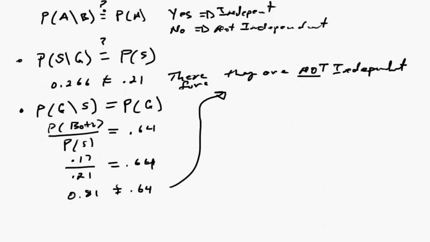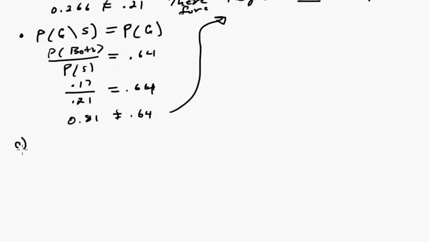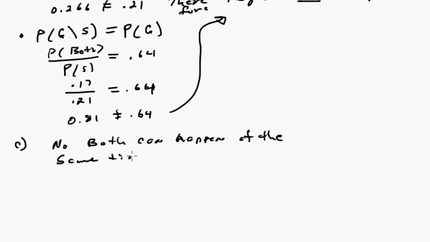So for C, we would say no. Both can happen at the same time, because the probability of a garage and a swimming pool is equal to 0.17, which is not equal to 0.